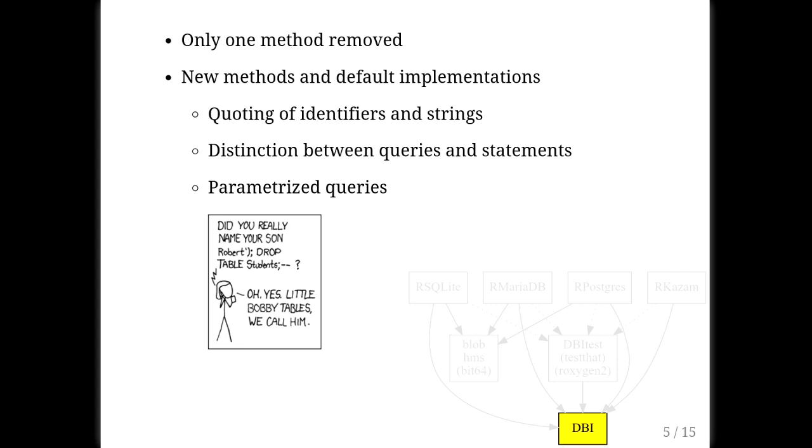DBI has two methods for reading and writing tables, and before it was unclear what to pass as a table name, especially in the case of more complex table names like schemas or table names that could contain special characters or reserved words. So this wasn't clear. DBI now has the notion of quoting.